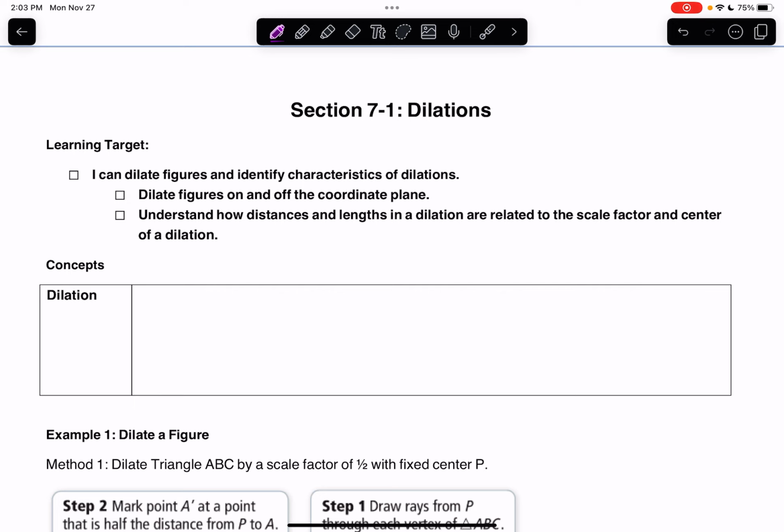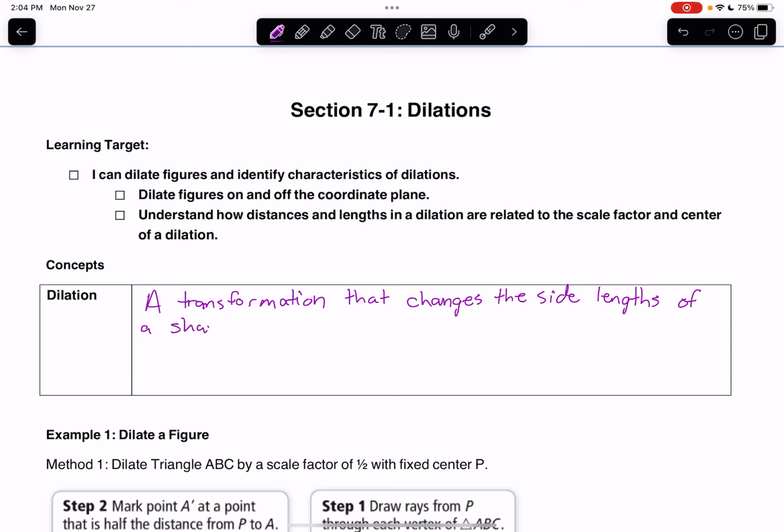We've got a couple new vocab words in this definition that we'll go through as we go here. So a dilation is a transformation that changes the side lengths of a shape according to a scale factor.